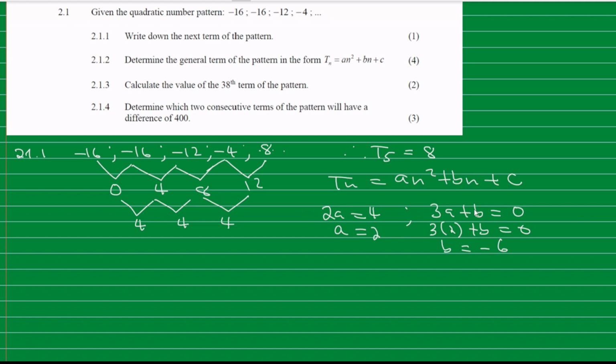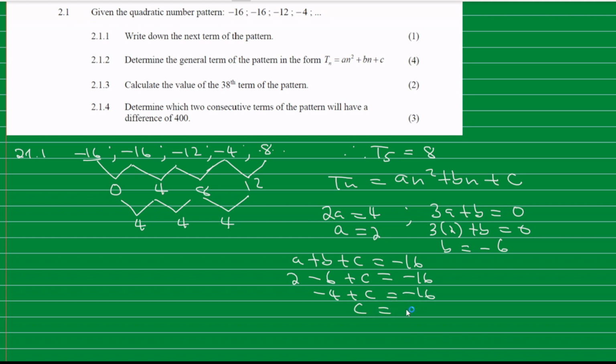Okay, let's find our c. So we go to the next row here. We have a plus b plus c is -16. So a is 2, so that will be 2 minus 6 plus c, that is -16. Okay, so this will give us -4 plus c is -16.